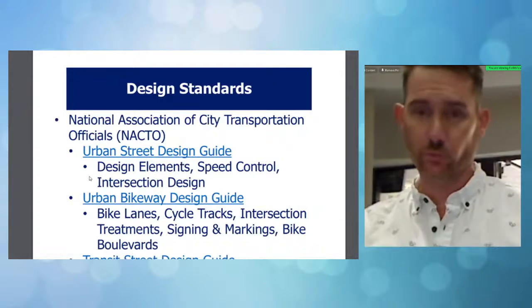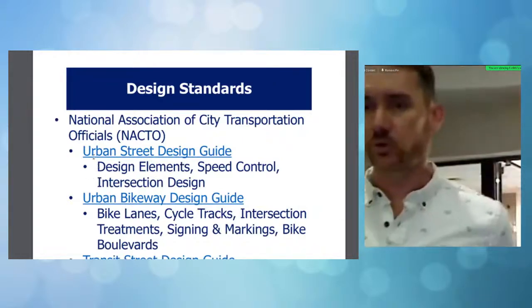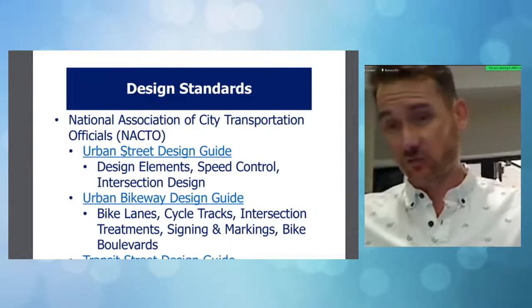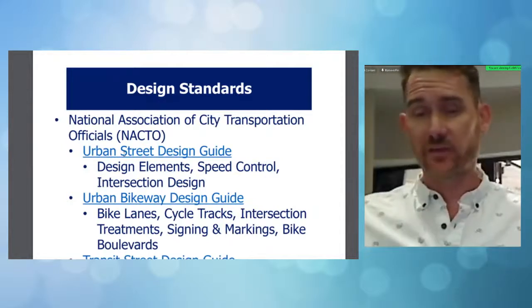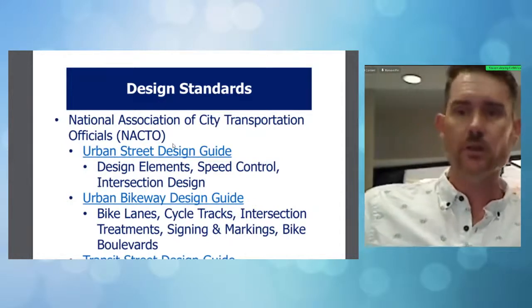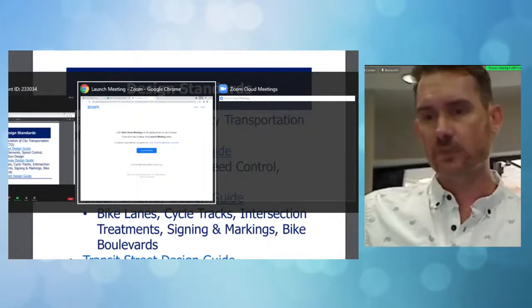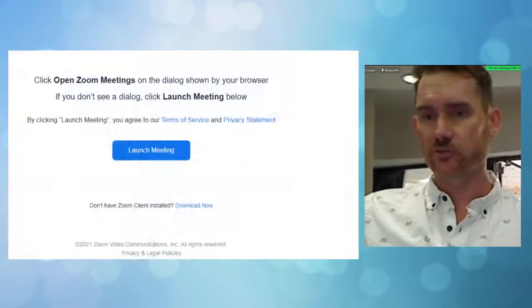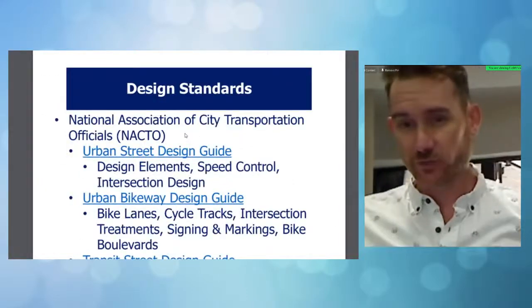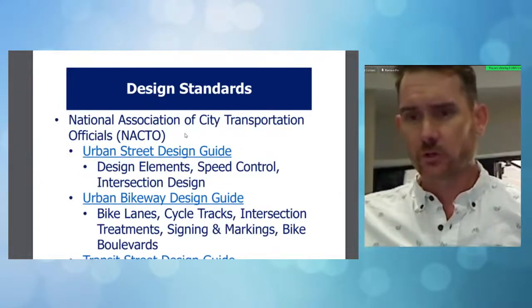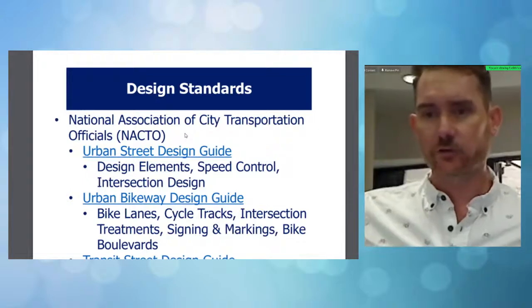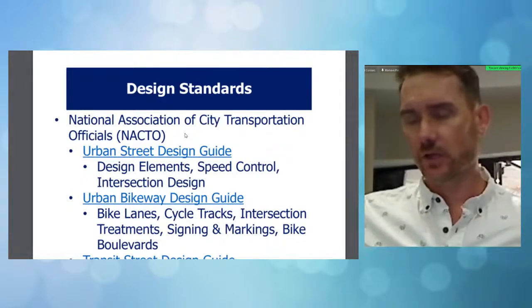But that's one that is really technical based, and probably not one that we want to dive into with this group tonight. But one of the design guides that we do use a lot is the NACTO, and I know we've had some discussions about this previously. There are several design guides that NACTO puts out, which is the National Association of City Transportation Officials. So it's a much newer guideline or document than the AASHTO Green Book.